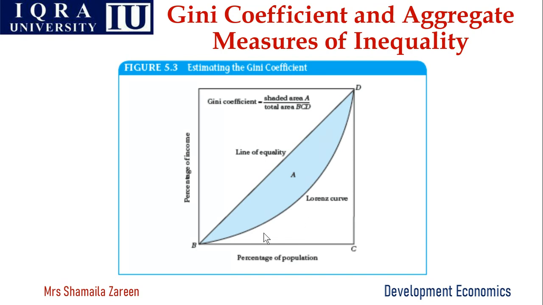In this figure, this is the ratio of the shaded area A to the total area of the triangle BCD. The ratio is known as the Gini concentration ratio or Gini coefficient, named after the Italian statistician who first formulated it in the 20th century.